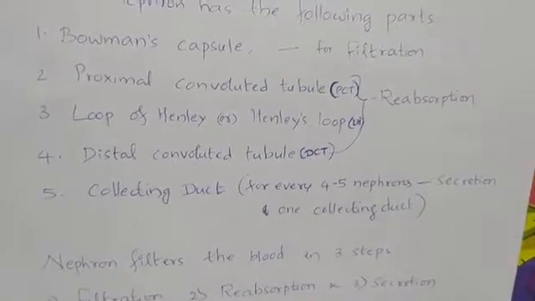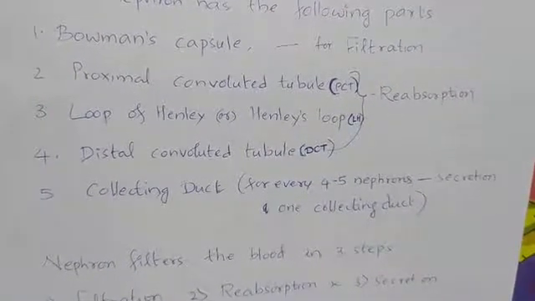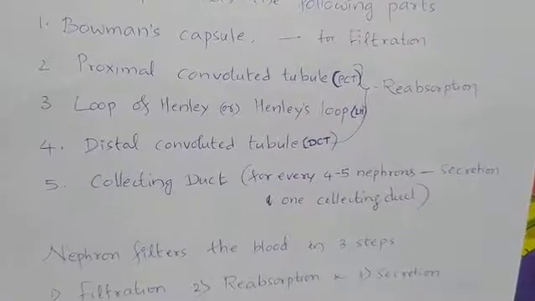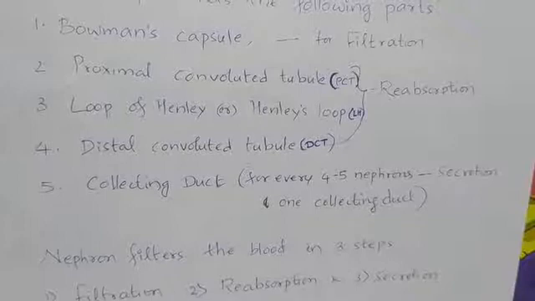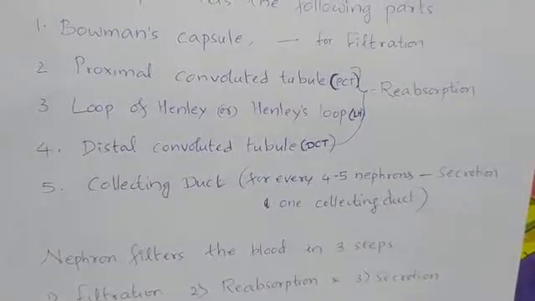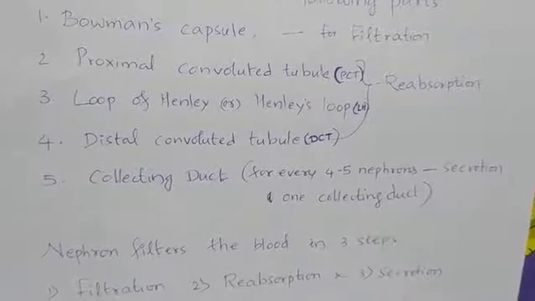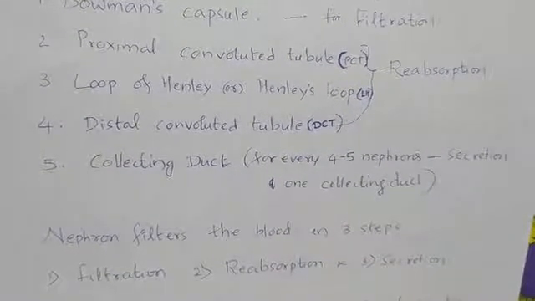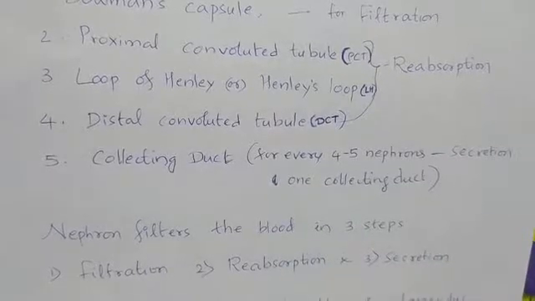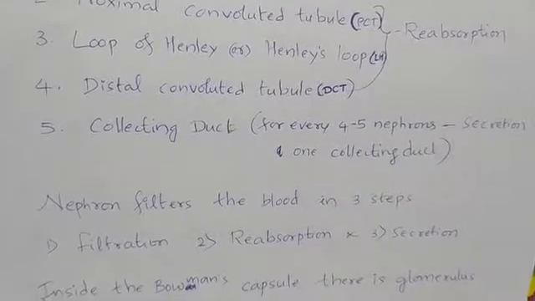As I already showed here, Bowman's capsule is involved in filtration. Proximal convoluted tubule, loop of Henle, and distal convoluted tubule are involved in reabsorption. Collecting duct is involved in secretion. So nephron filters the blood in 3 steps, and finally forms concentrated urine.